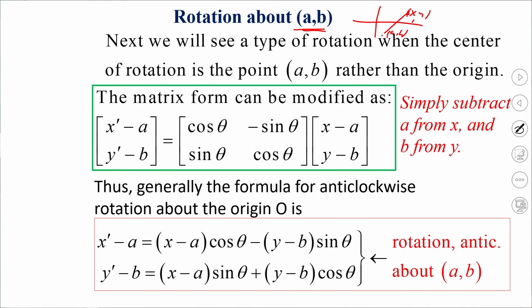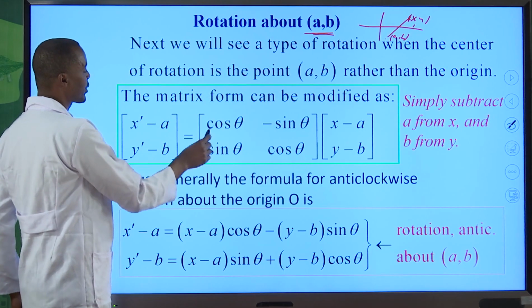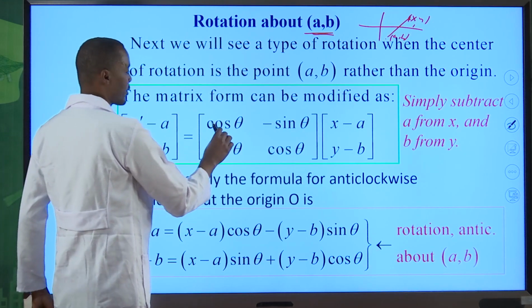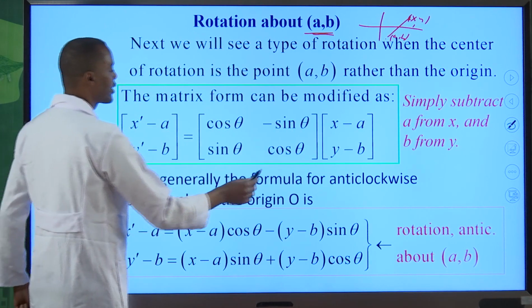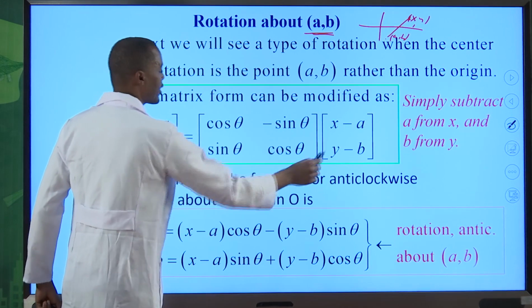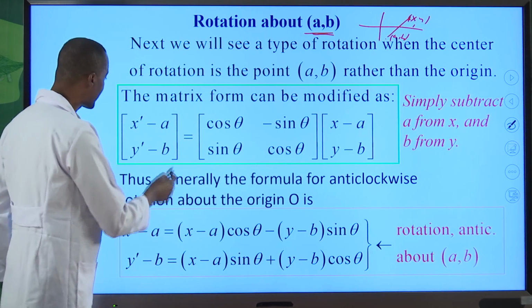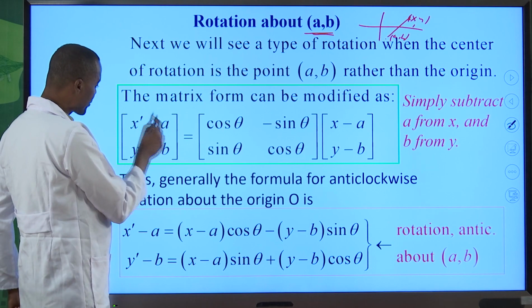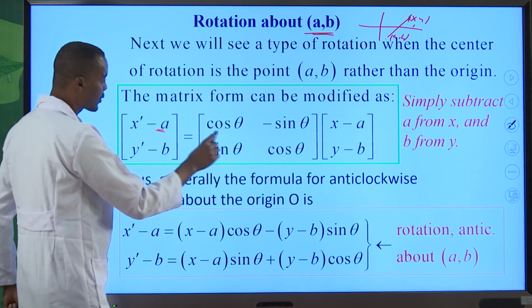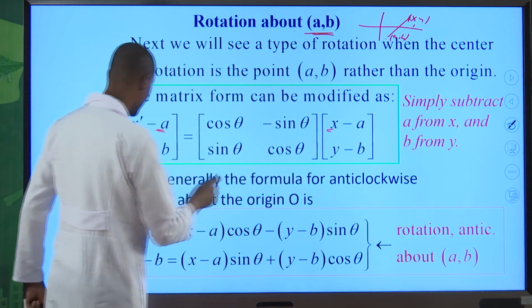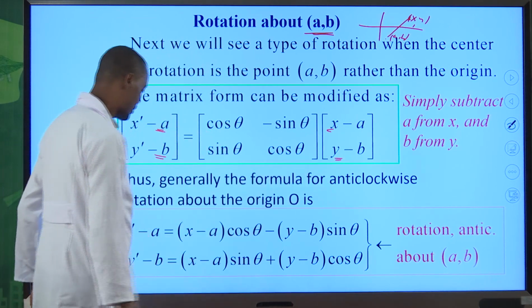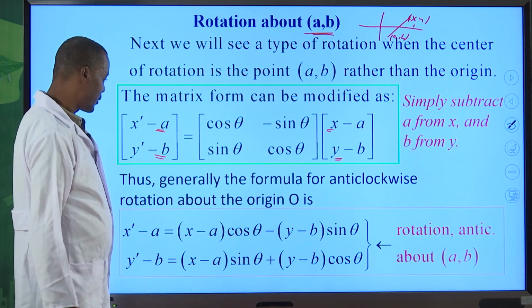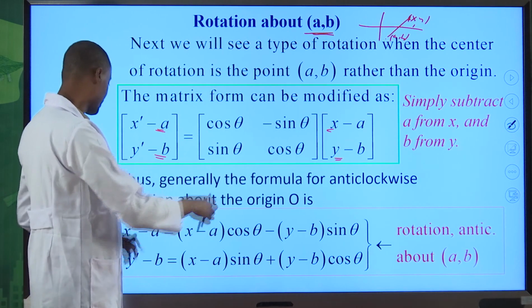For our expression, whenever the rotation is about the origin, we had x prime is equal to x cos theta minus y sine theta, and y prime is equal to x sine theta plus y cosine theta. But now, for the x terms we subtract a terms wherever there are x's, and wherever there are y's, we subtract b terms. And I will tell you a few minutes later why this has to be true.